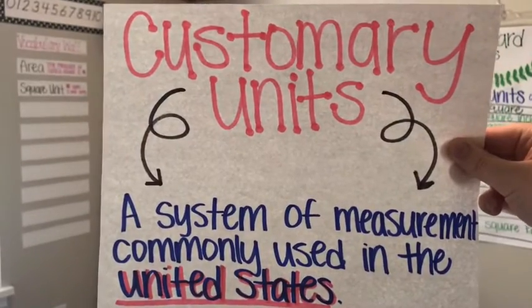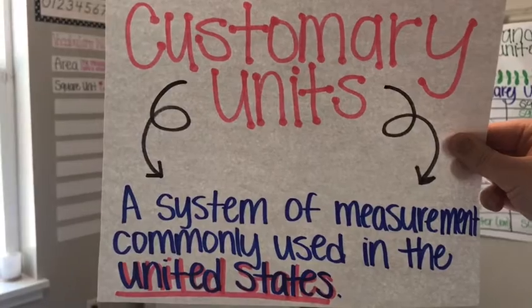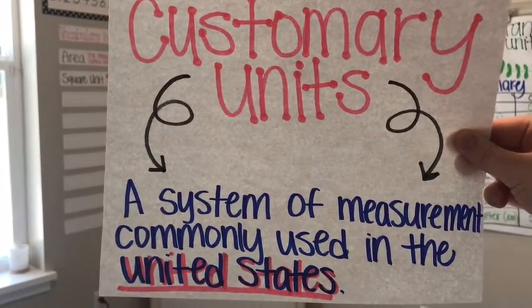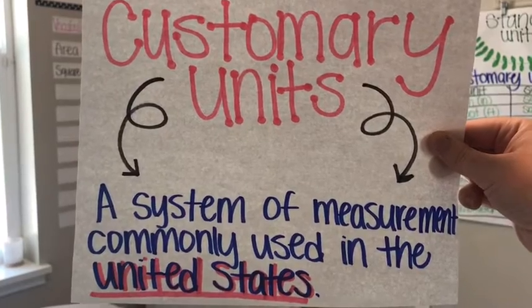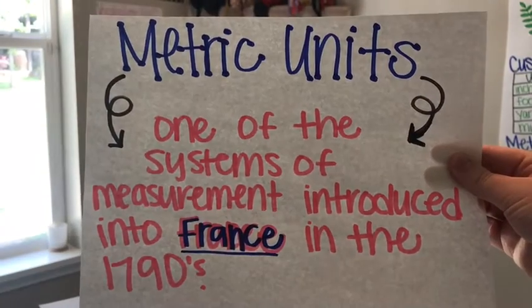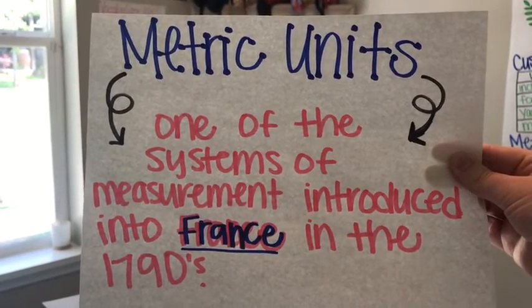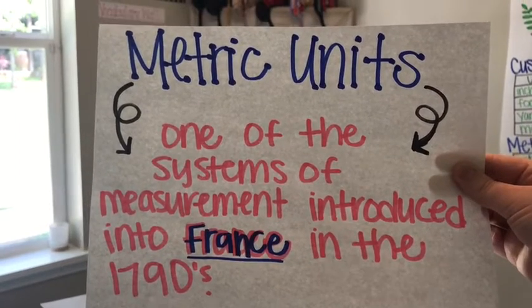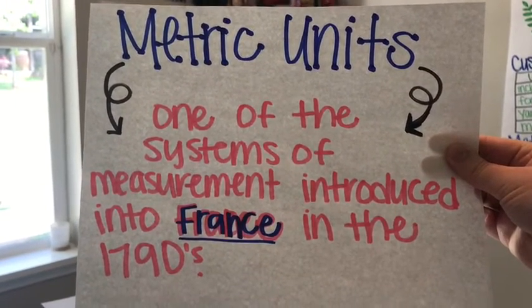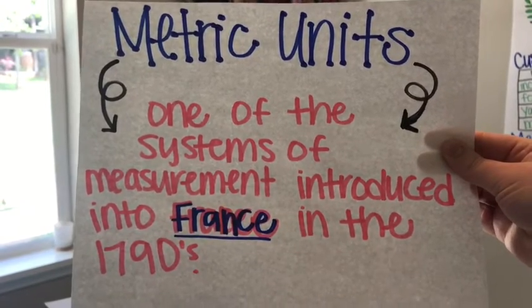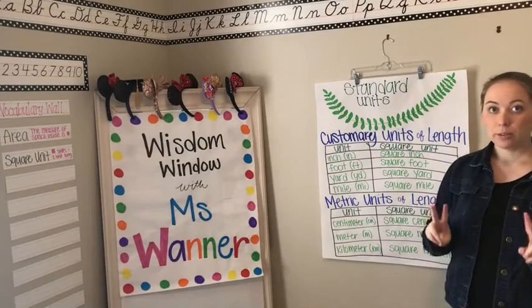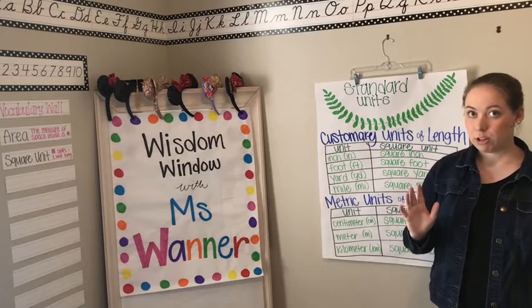A customary unit is a system of measurement commonly used in the United States. And we're going to go over a couple examples of what customary units are. And metric units are one of the systems of measurement introduced into France in the 1790s. And we're going to go over a couple examples of what a metric unit is too. So we have 2 different types of standard units.